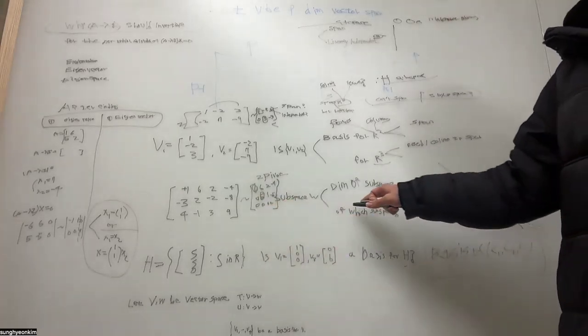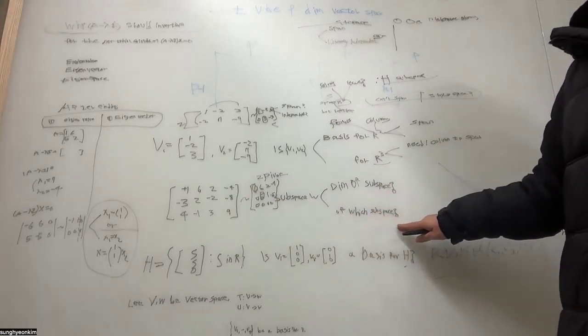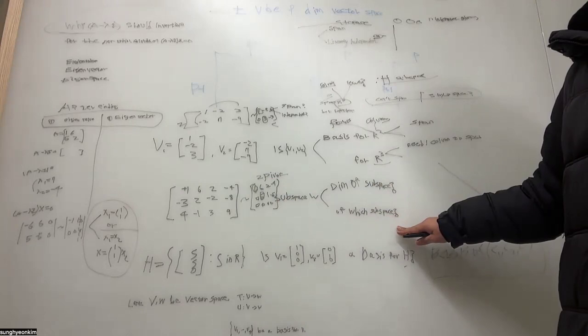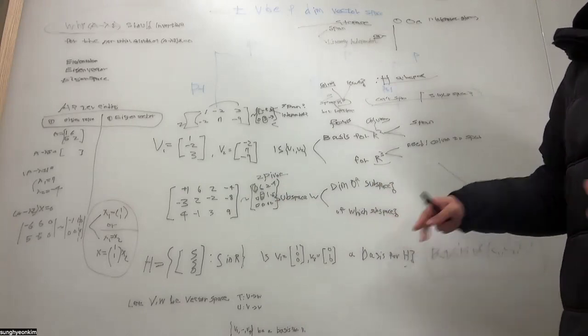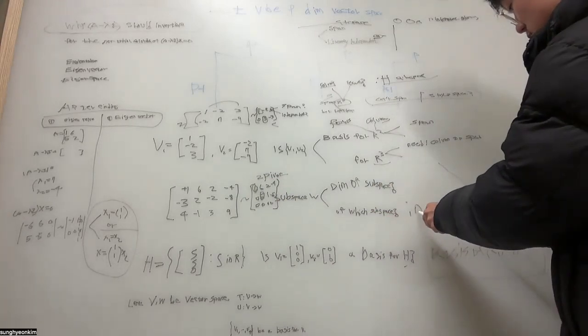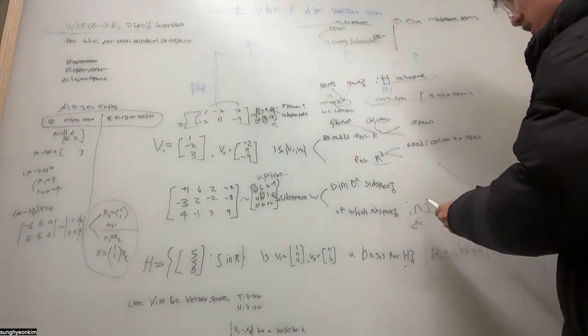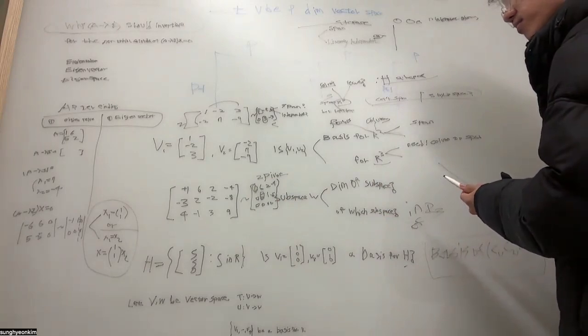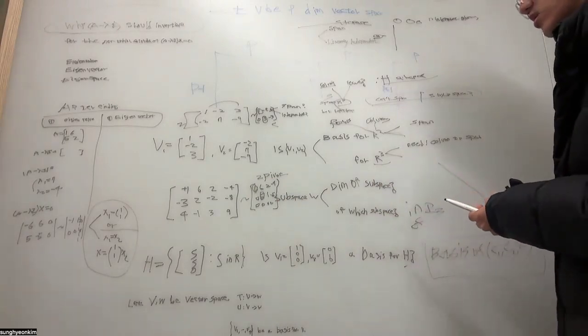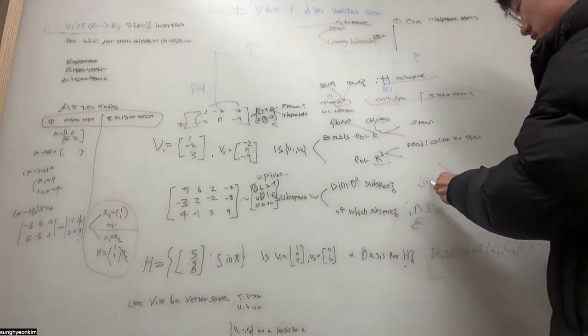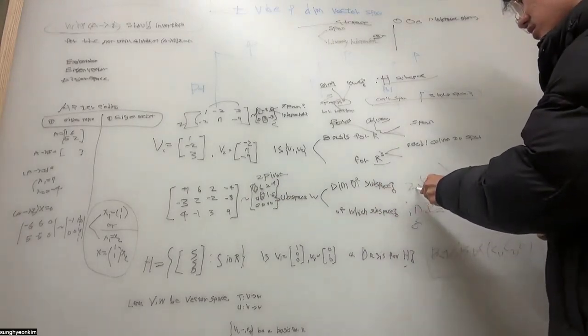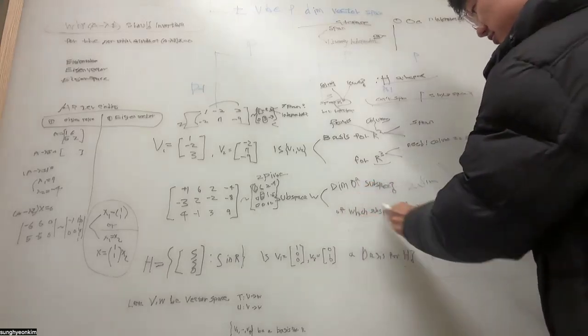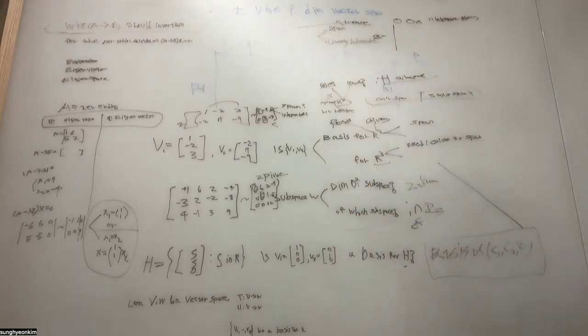Then if we ask what is the dimension of the subspace, it is a subspace in R3, but it spans a two-dimensional space. But this is also very confusing, whether it is in a subspace or in R3.